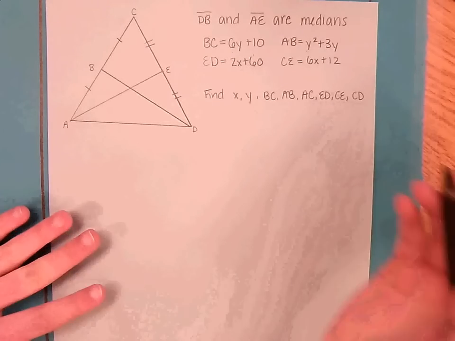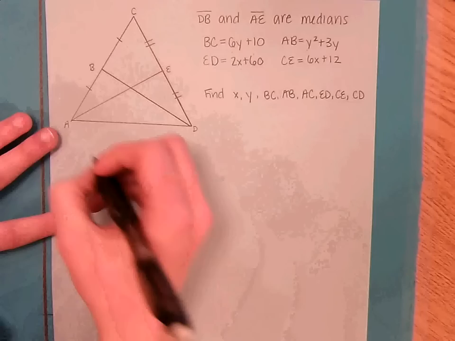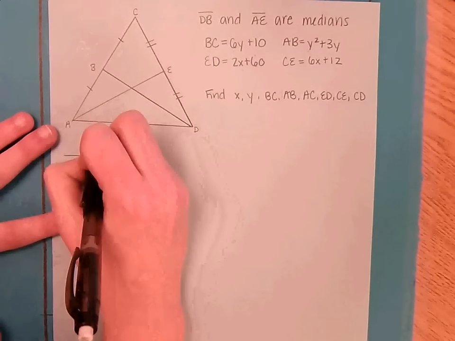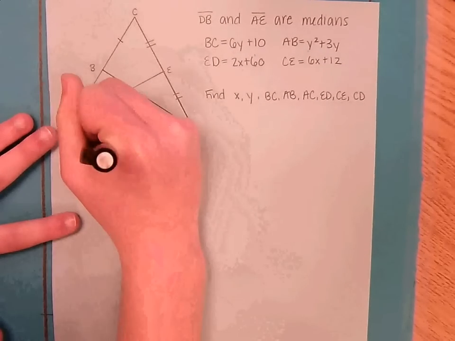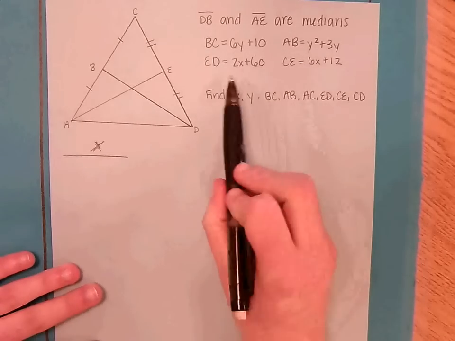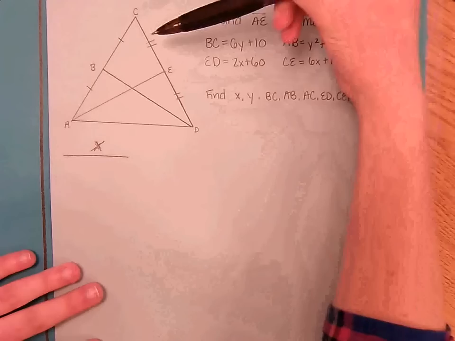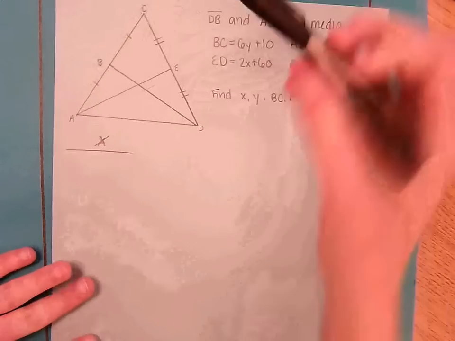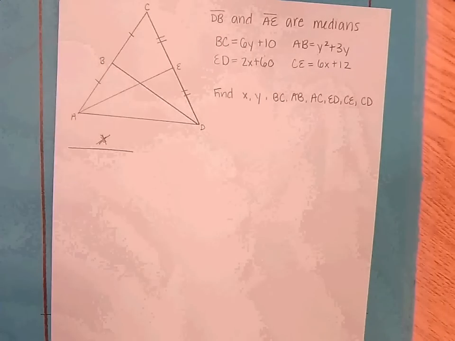Alright, so we're going to start with x. We're going to use the two parts that have x in it, which is the ED and the CE, which makes sense because they're both along the same side. Since they are both the same, we're going to set them equal to each other.